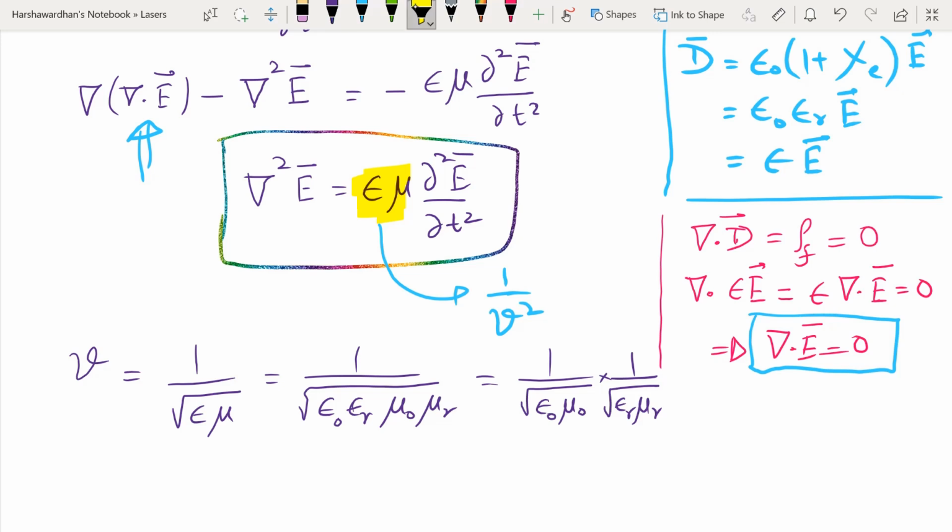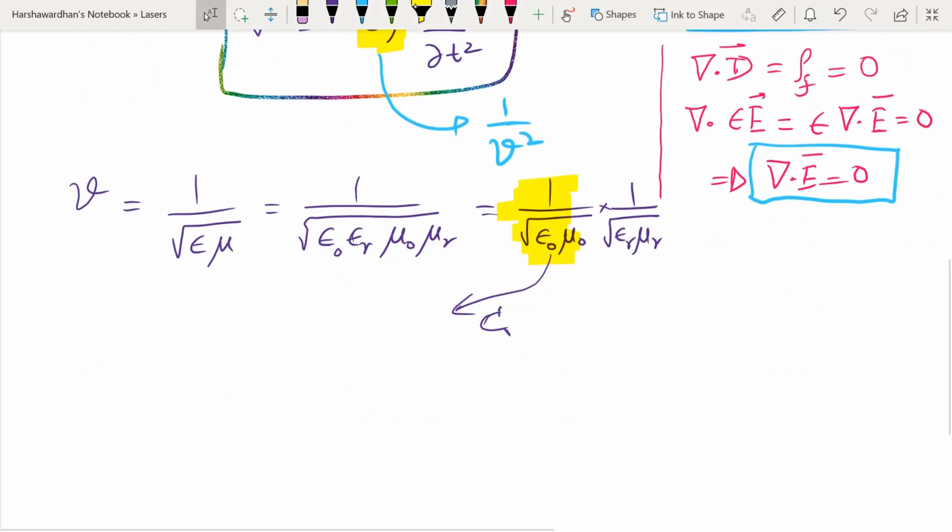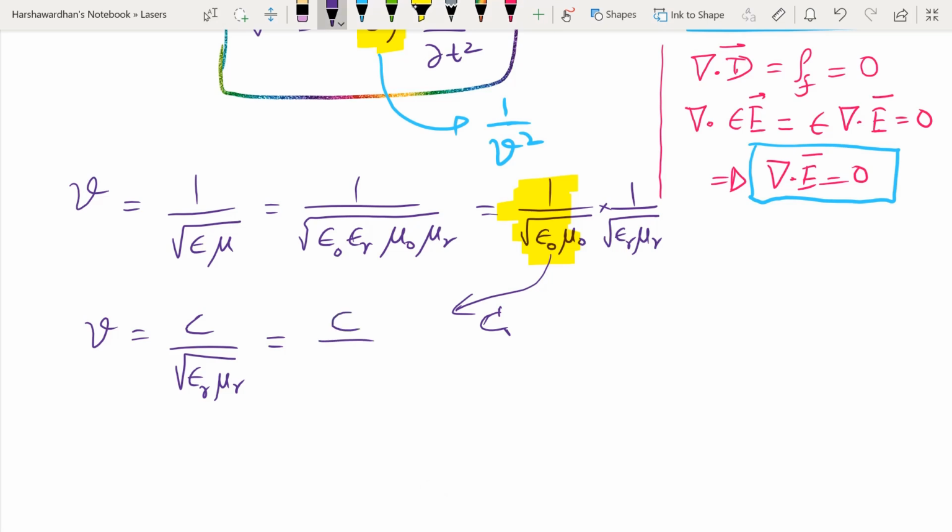By the way, it is this factor, 1 over square root of epsilon naught mu naught, which Maxwell derived and found that this is precisely the speed of light, which is c, which was already measured then. It was a measured quantity, and hence one can write down the velocity as c by square root of epsilon relative mu relative, and this is the definition of the refractive index, which is the ratio of the speeds between the vacuum and the medium. So the velocity in the medium is given as c by n, where n is the refractive index.